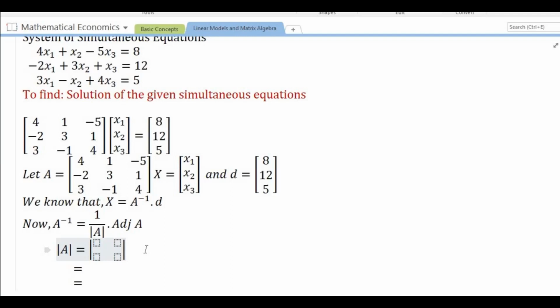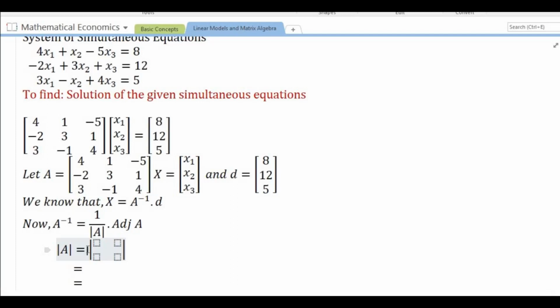The determinant of a given matrix is found by taking the sum of the minors of the elements present in the first row of a matrix in case of a 3 by 3 order. And also we need to take care of the positional sign of the elements. Now element 4 is present in the first row and first column. 1 plus 1 is equal to 2.